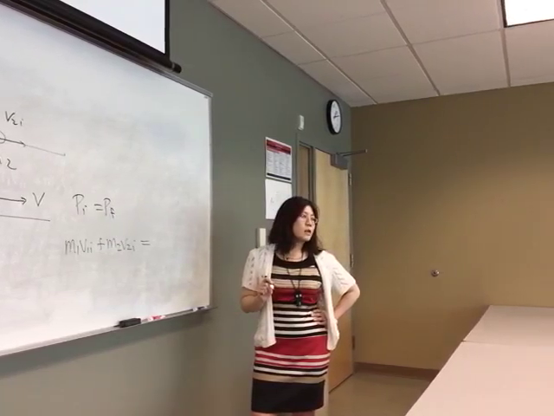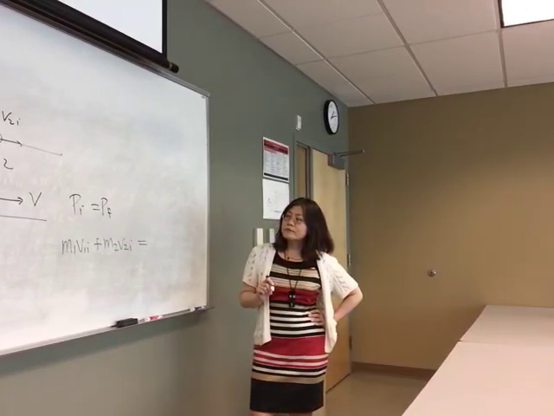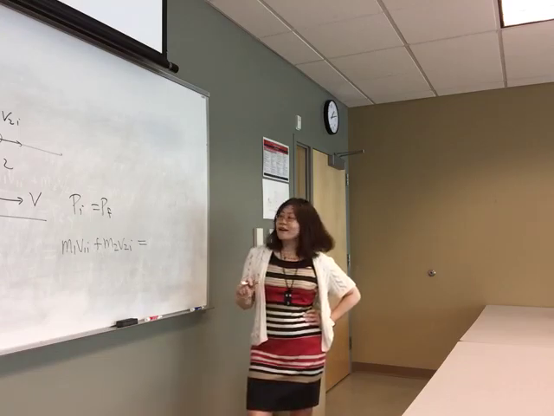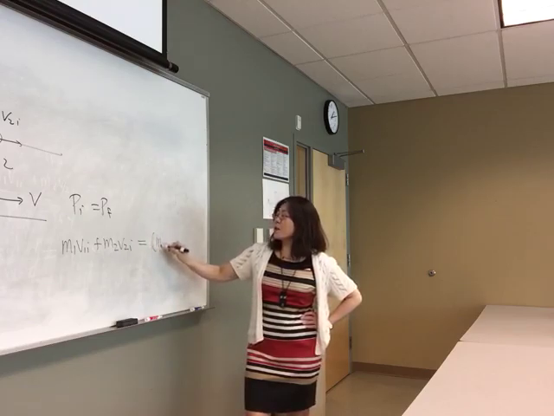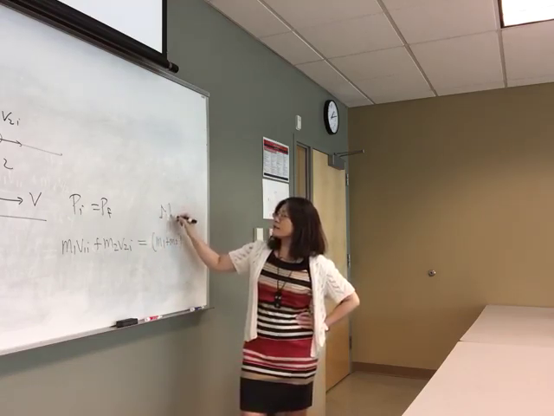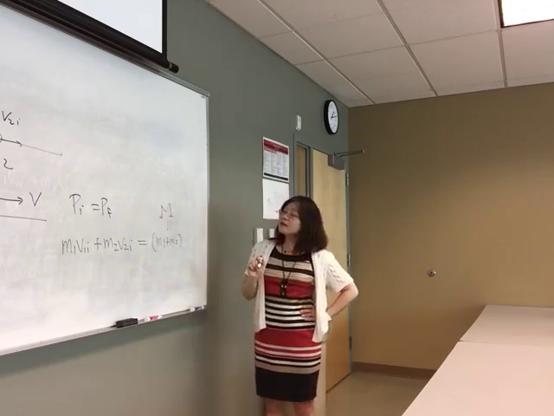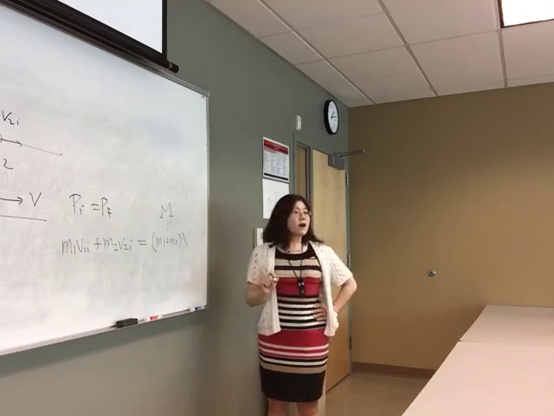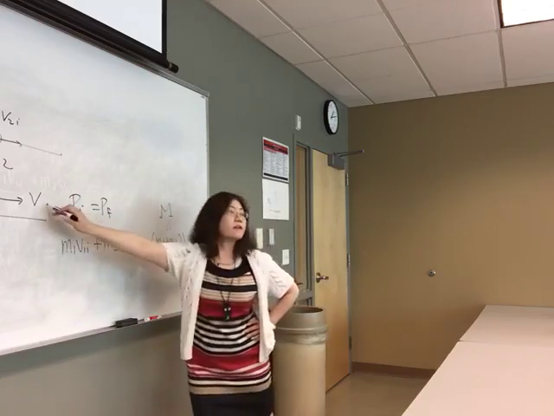What is your momentum after collision? Yeah, okay, so you can say that it's M1 plus M2. So that's your total mass. This is your capital M. And then what? That will be just V, right? Because I already defined that to be V.